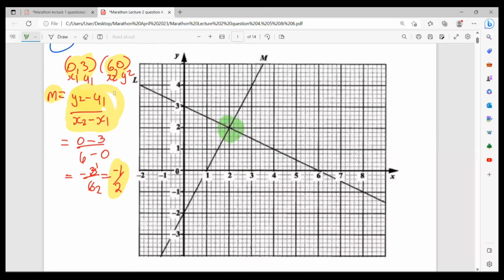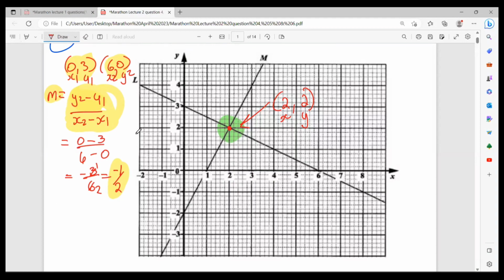This is the solution. You need to make a note of this coordinate. That coordinate is where 2 meets 2. This is an X and this is a Y. That's the solution. Everybody can see where the two lines cross path.